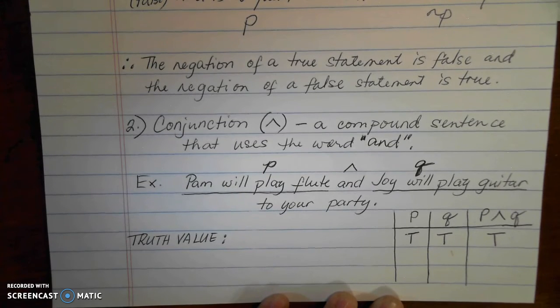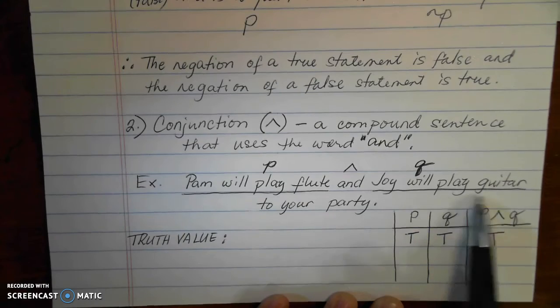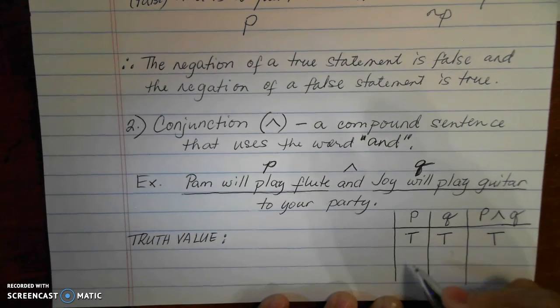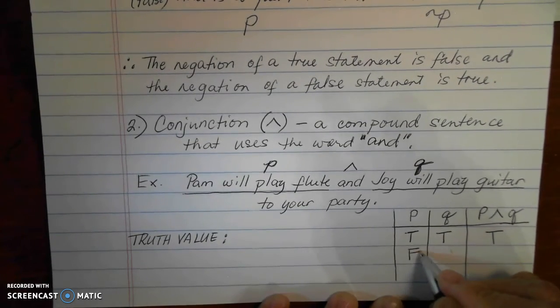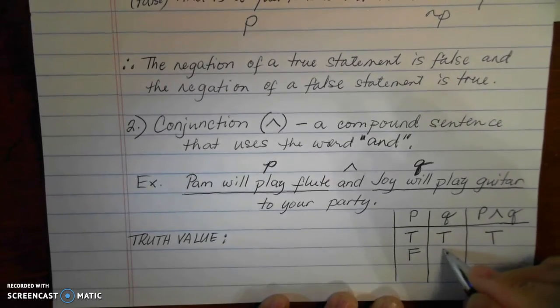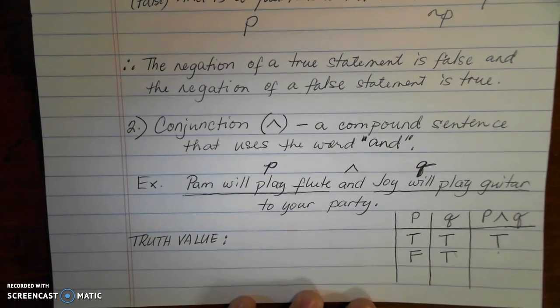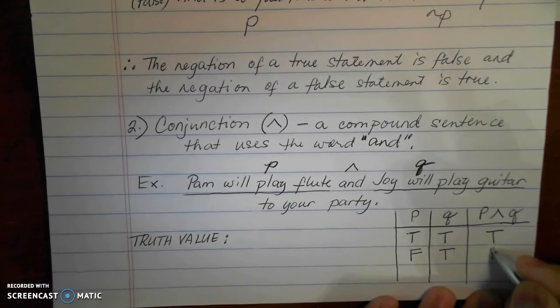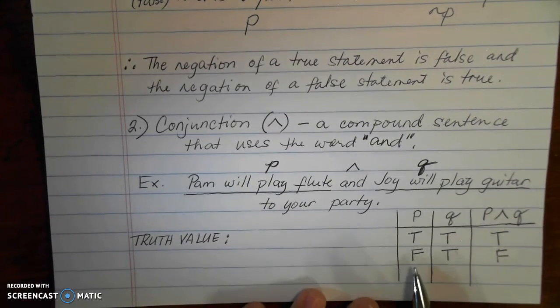Now, if the statement from the beginning says Pam will play flute and Joy will play guitar, but then Pam did not play the flute and Joy did, the whole statement becomes false because one is false.